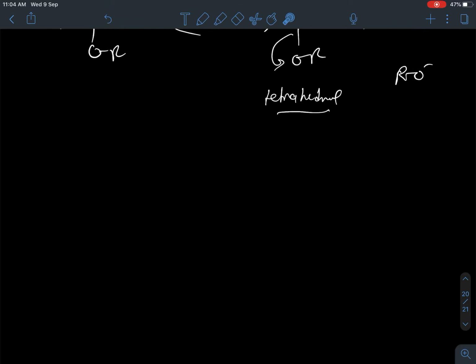Now a question based on this used to be formed, like they have given you this. Can you figure out this? Is this acetal or not?